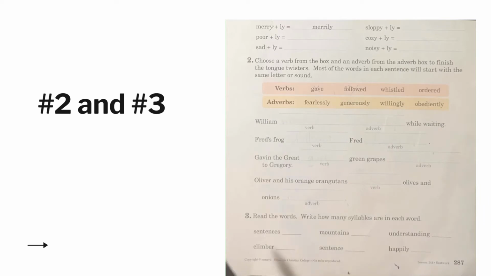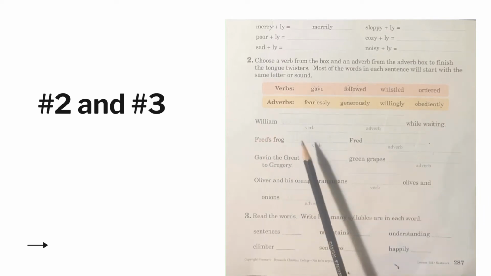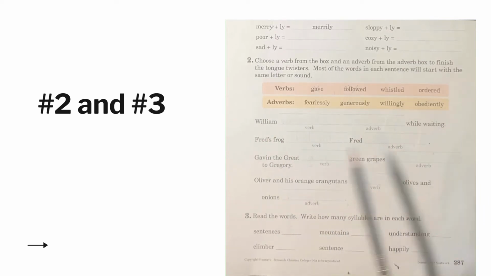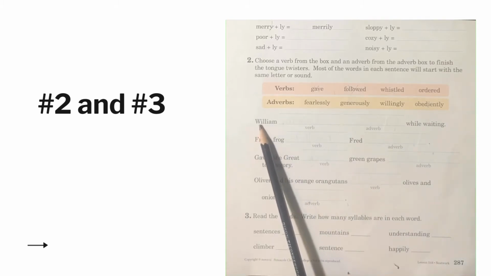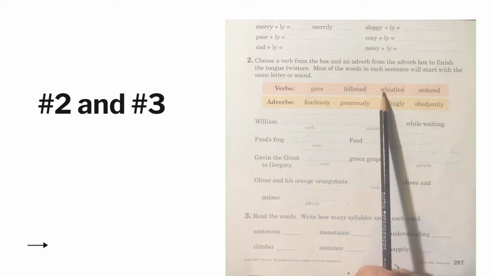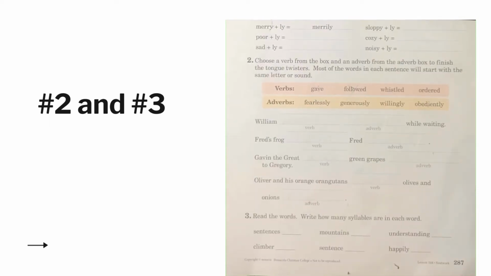So the first sentence says, William blank blank while waiting, and it's a verb and an adverb. So William starts with a W, so you're going to want to find a word that starts with a W. Do you see it? Our words to choose from are gave, followed, whistled, and ordered. You got it. Whistled.